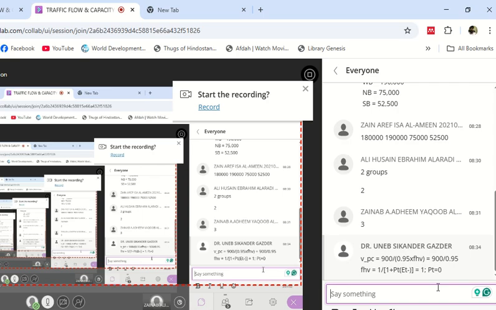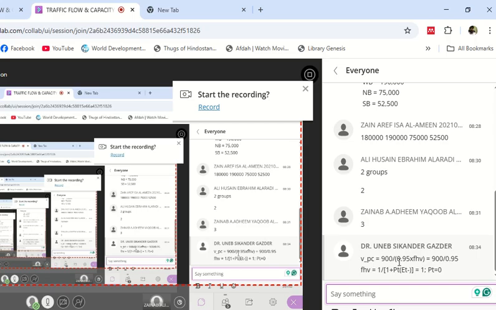Any confusion, any problem here? I'm converting the given volumes to flow rate in passenger cars per hour. To do that, I must divide by the peak hour factor, which is given, and by the factor of heavy vehicles. The factor of heavy vehicles is calculated like this. In the question, the percentage of trucks is given as 0, so this becomes 0 and the factor becomes 1.